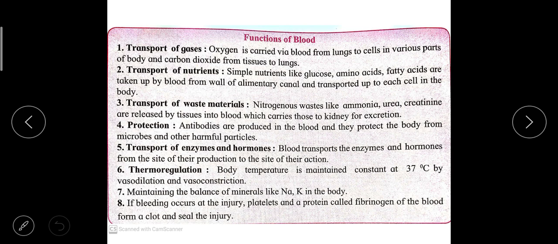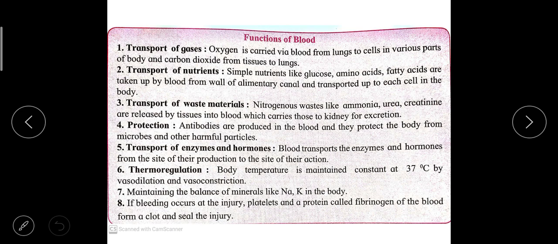Now the next part is the function of blood. As we have seen, RBCs carry oxygenated blood from the heart to the entire body. So, transport of gases. Next is the transport of nutrients. With oxygen, blood also carries small nutrients like glucose, amino acids and fatty acids to the entire body.